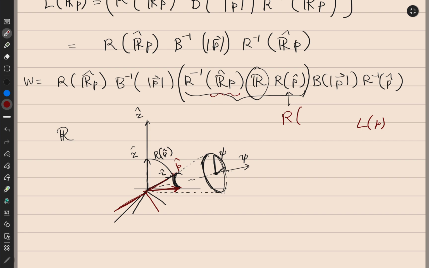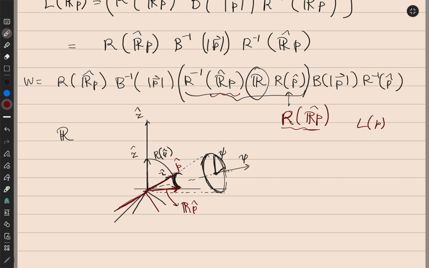First, let's see what R of this RP cap is. This is the simple R, acting on RP, and RP is the rotated version of P cap. So this vector actually is RP, because this was P cap, and under rotation it went here.